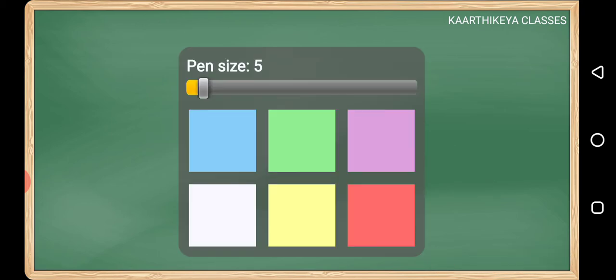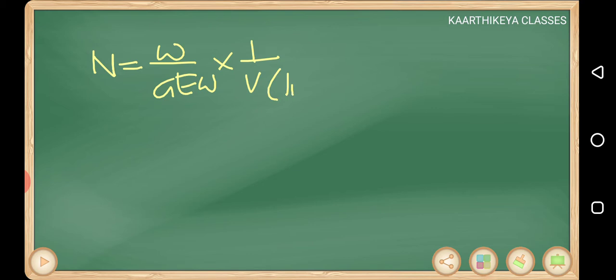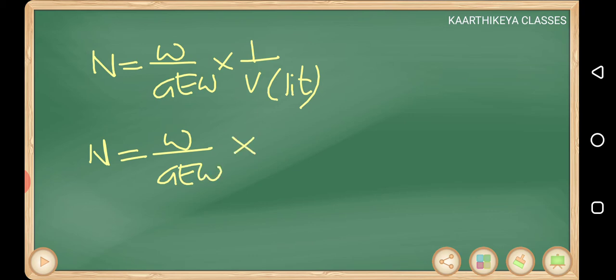So the formula for normality: normality is equal to weight by gram equivalent weight into 1 by V if it is in liters. Normality is equal to weight by gram equivalent weight into 1000 by V if it is in milliliters.